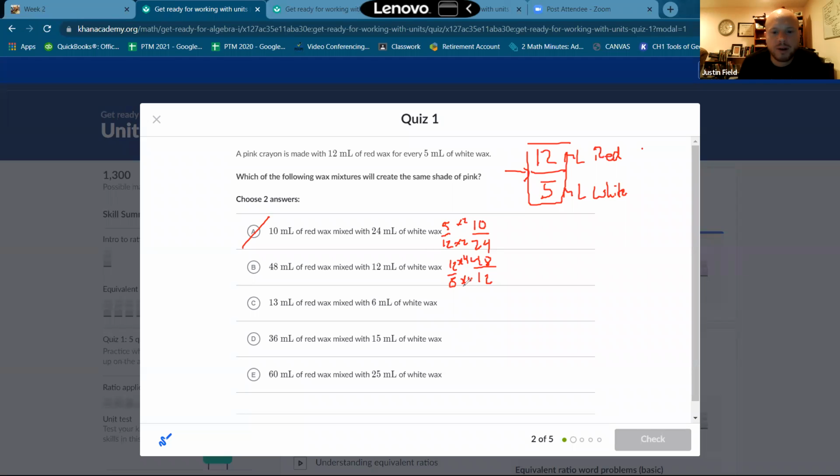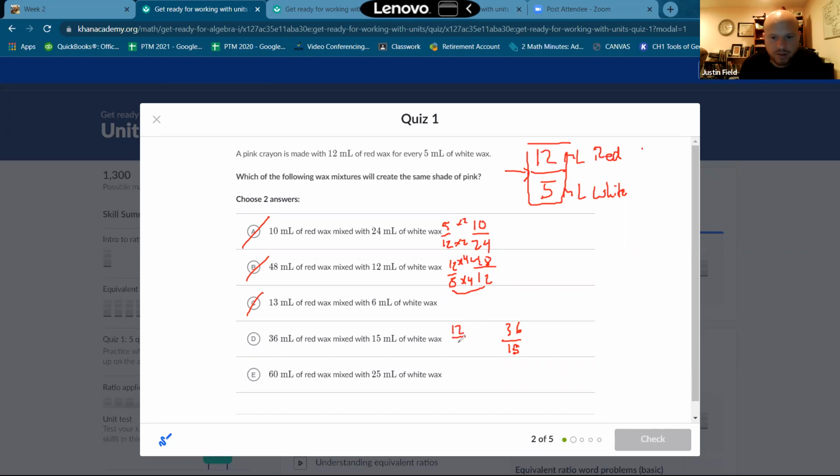But if we multiply by 4, we do not get from 5 to 12. 13/6. Well, that's just wrong. All right, 36/15. No, I'm feeling good about that one. Let's look at it. So 36/15, is that an equivalent ratio of our given?